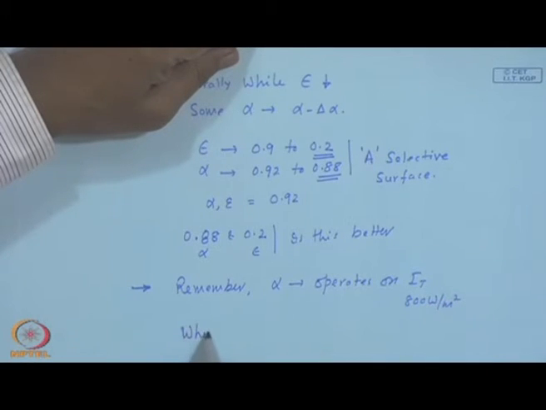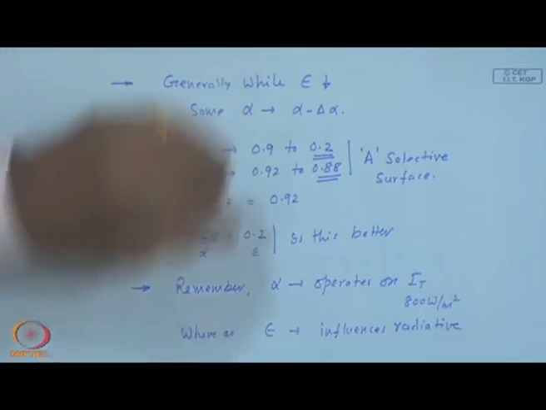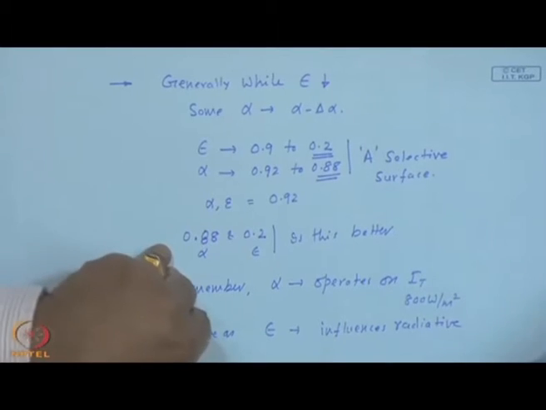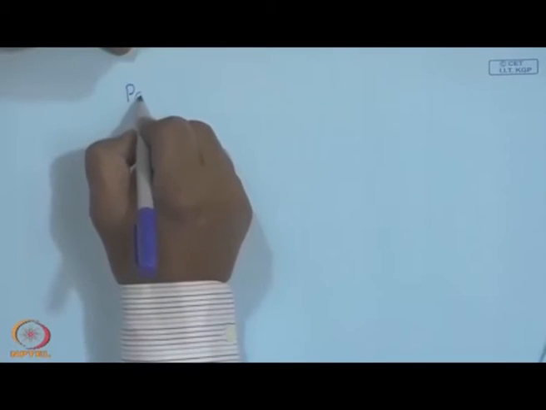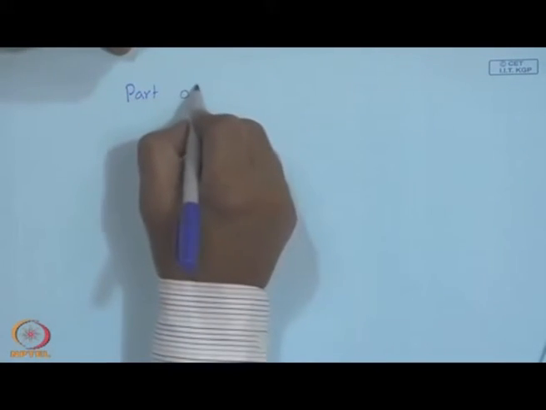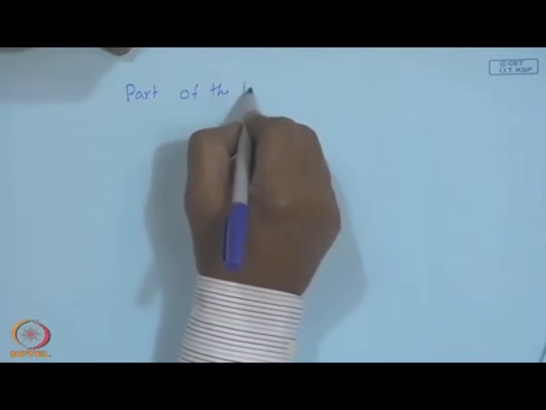whereas epsilon influences the radiative part of the losses.